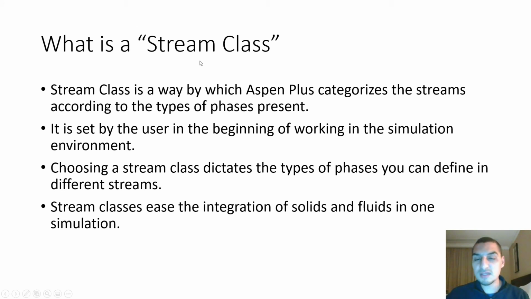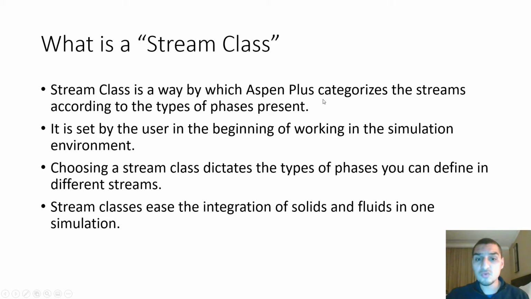The stream class is something that we set at the very beginning, when we start working with the Aspen Plus file in the simulation environment. We never chose the stream class because we didn't have to, but this is something that we will have to visit in the next videos.